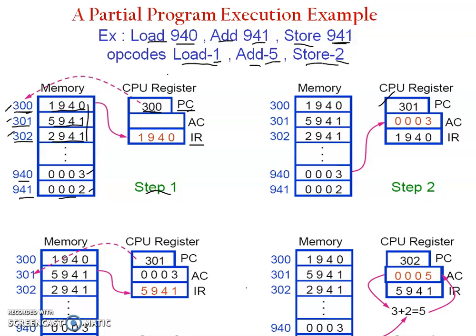You need to fetch the instruction, that is, the load instruction will be fetched from the memory. For that, an initiation is given to read from the memory. The MAR will have this 300, copied from the PC. The control unit initiates the control to the memory, reads the value, and it is first placed in the MDR.